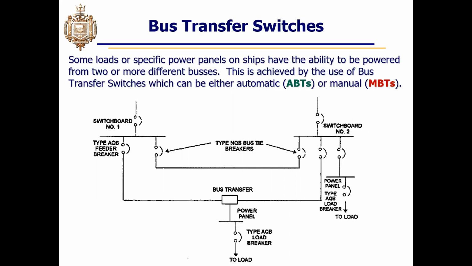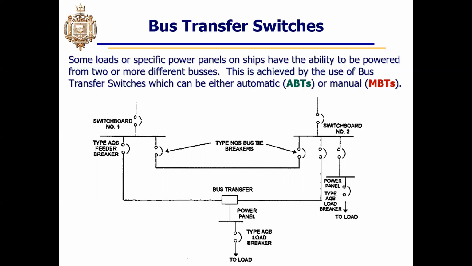The ABTs will have an option for either manual or automatic reset. So upon restoration of power, there will be some kind of a time sensing relay that will sense that the power has been in place for 30 seconds, or whatever the timing requirement is. Then after 30 seconds of restoration of the primary power supply, the ABT will automatically transfer back to its normal power supply. Again, this depends on the types of loads.